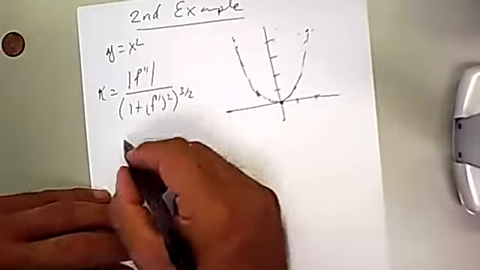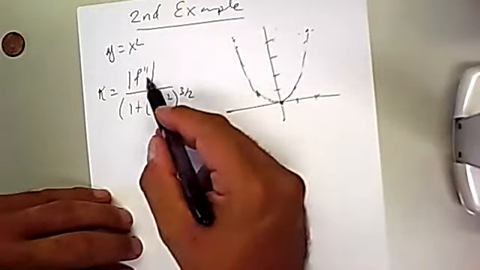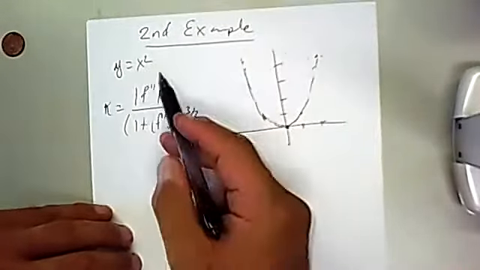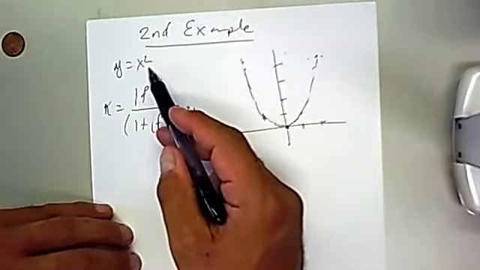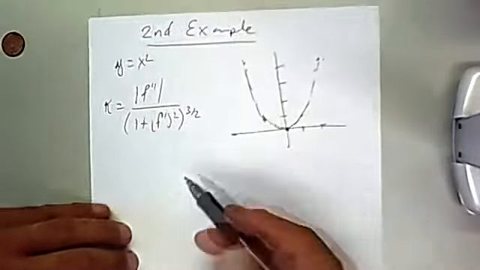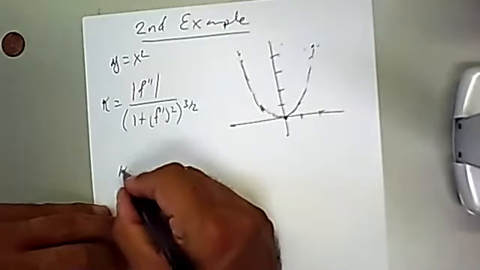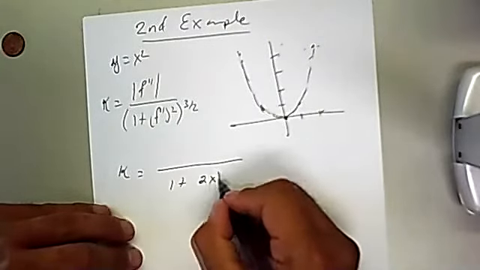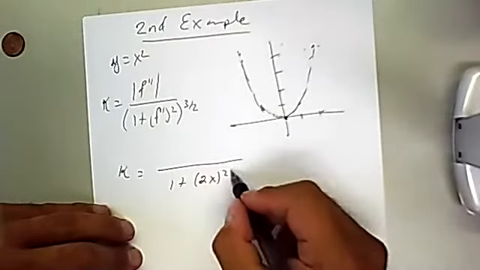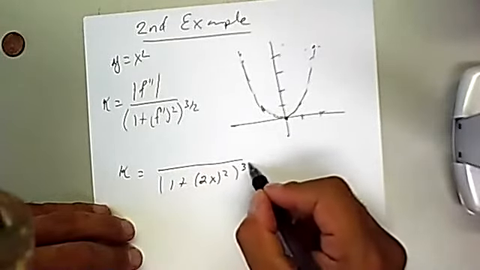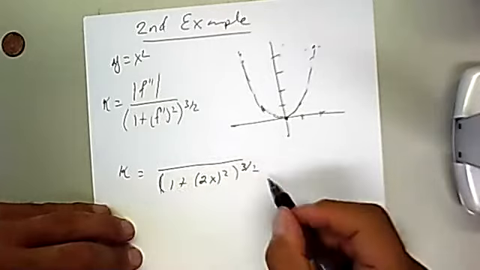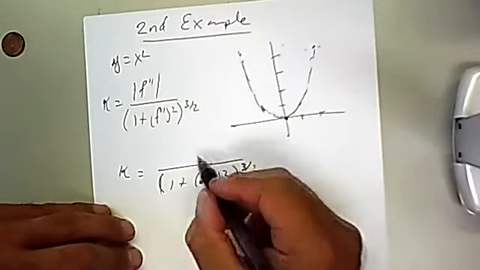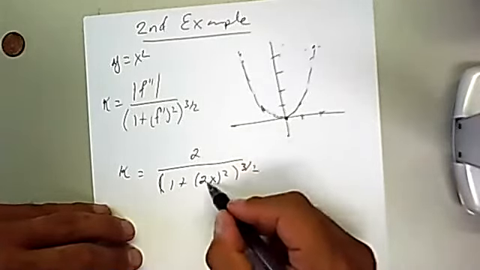All right. So first derivative of x squared, you guys know it, 2x. That's the first derivative, so that goes here. So the curvature is 1 plus (2x) squared, that's the first derivative, and then we're going to do that to the 3/2. That's a parenthesis. Second derivative, well, it's 2, because the first derivative is 2x.